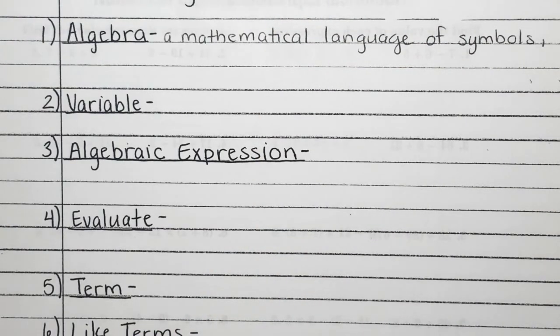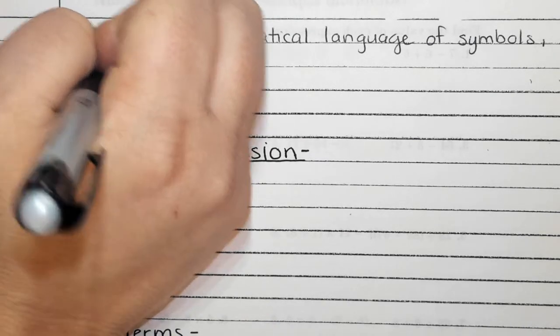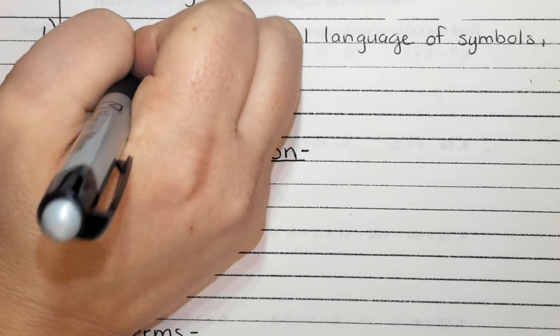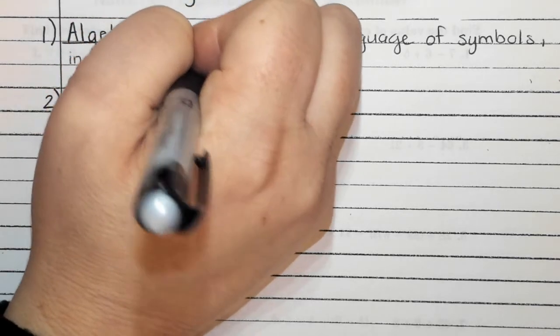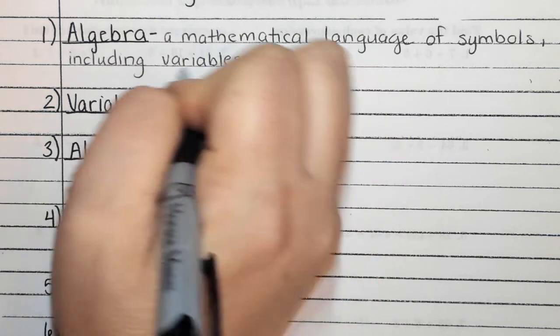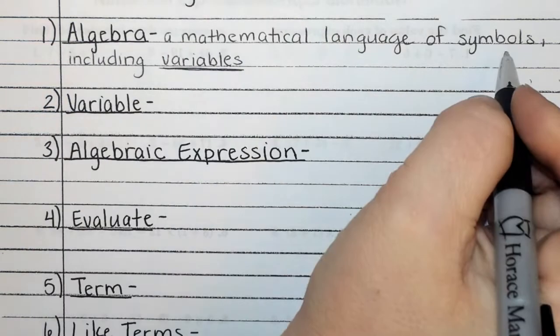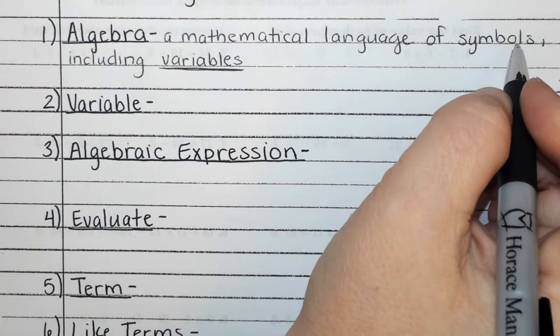And these symbols can be your typical add, subtract, multiply, divide. They're also going to include variables. And that word variables, that's new to us. The symbols like add, subtract, multiply, divide, we know those.